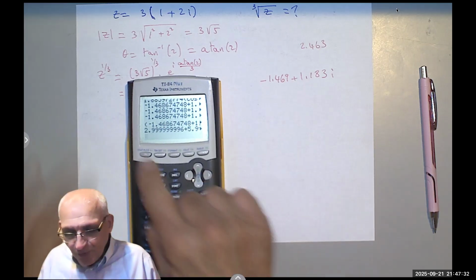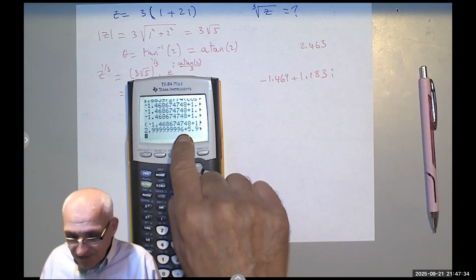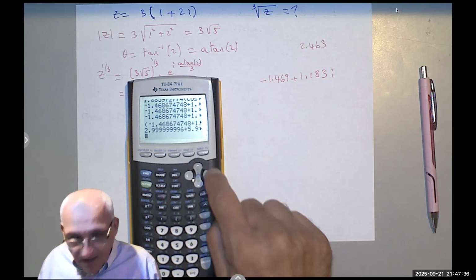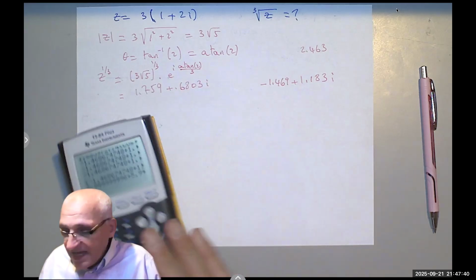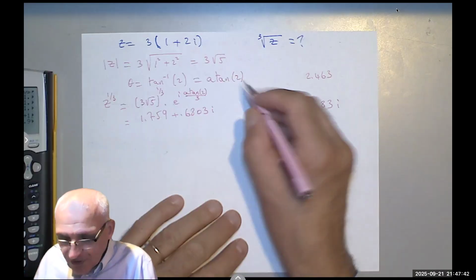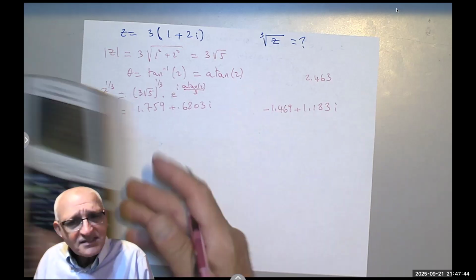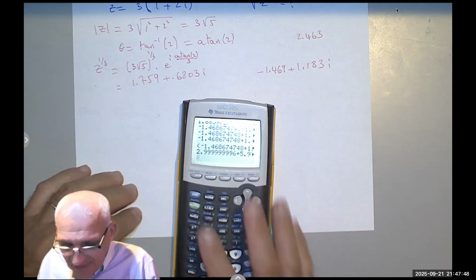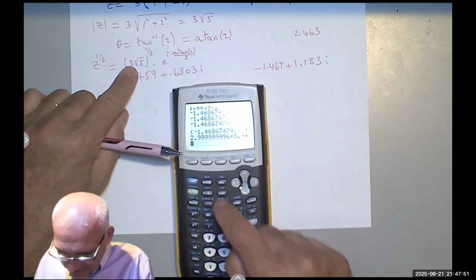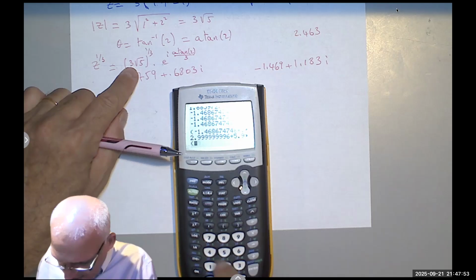Yeah, I get 2.9999, which is 3, plus 5.999, which is 6i. Same thing. And then you would say, oh, so the third one, I'm going to add 4 pi. Yes, absolutely. So again, we can rewrite it instead of keep going up.